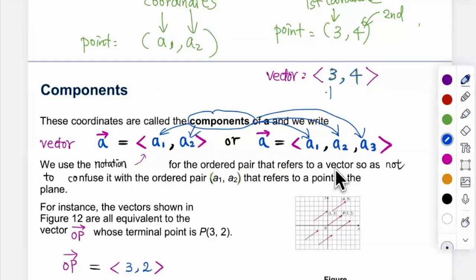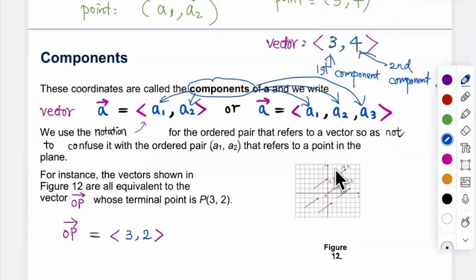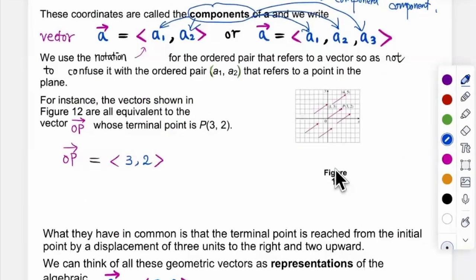This is the first component, or you can call that the x component, and this will be the second component. So the angle bracket makes it a vector. Those are the notations for a vector.